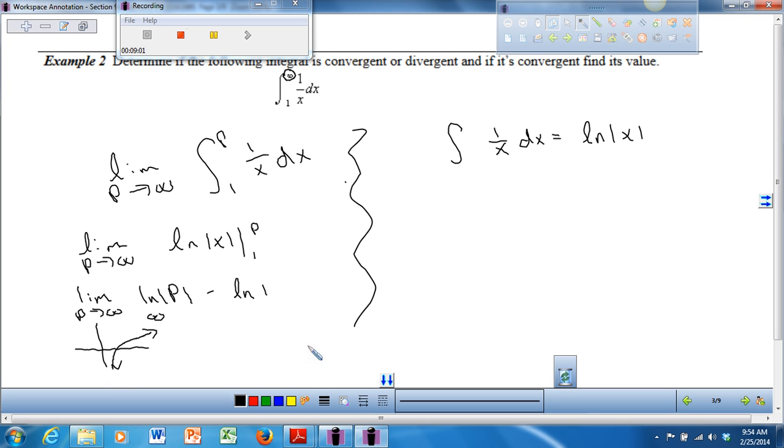So here we have infinity. This is divergent. Wait, how do we cut the absolute value? No. The absolute value is just to make sure we're not plugging in values that are negative because natural log is not defined over there. So it's just making sure that we're taking the log of a positive value. All right. Anything else on this one? Okay, let's try another one.